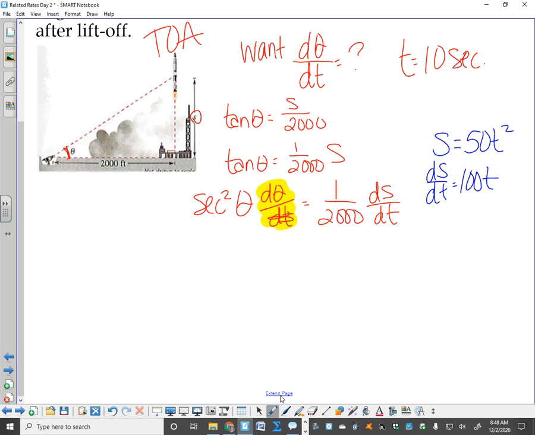So here's the one time you don't have to do implicit, because that's a t. What do I know? Okay, I'm going to put that in here. I'm going to do one thing at a time. Try not to blow your minds.